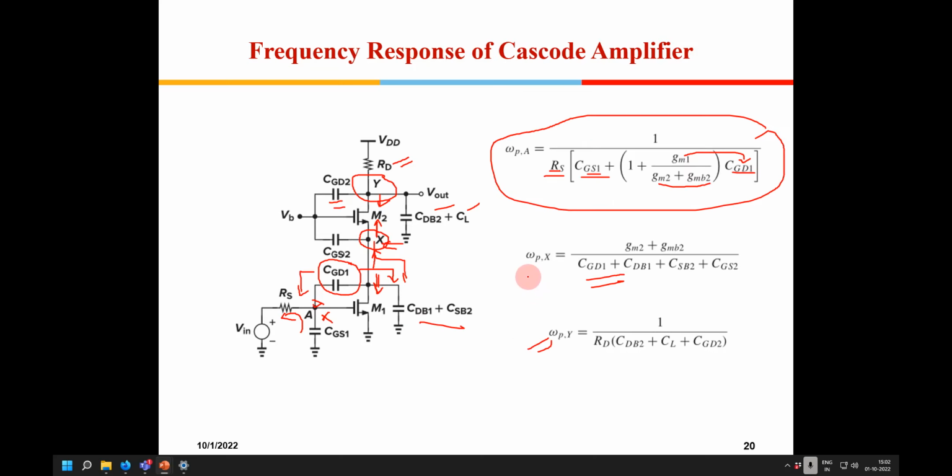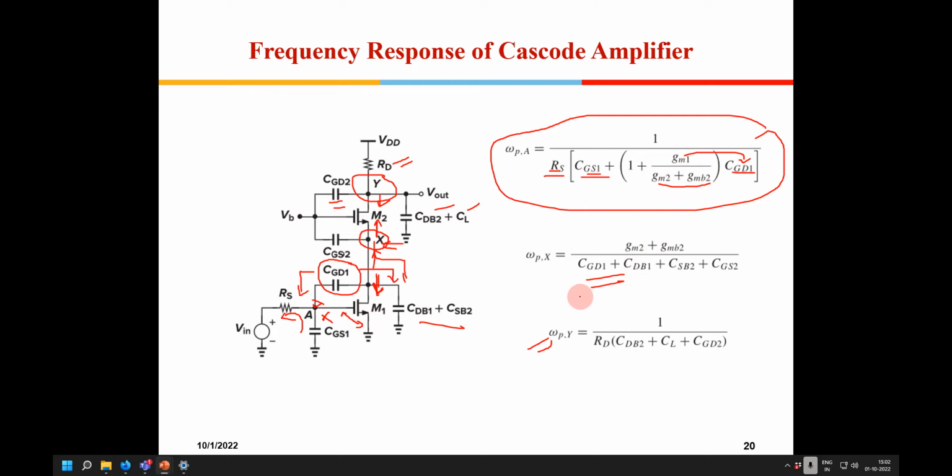One query. How have we divided the resistance for M1 for CGD1? I understood for M2. When you look into here, if you are applying a voltage out here, even the gate source voltage is getting modulated, and that is why it is coming as GM1.